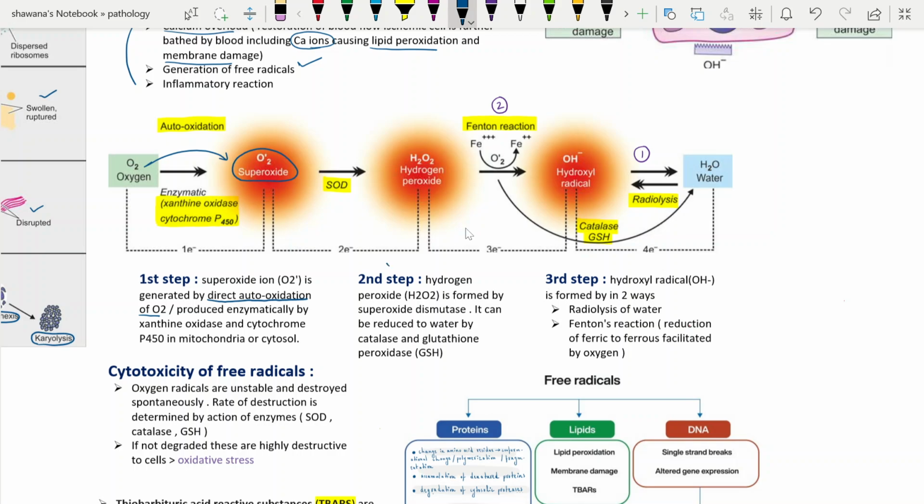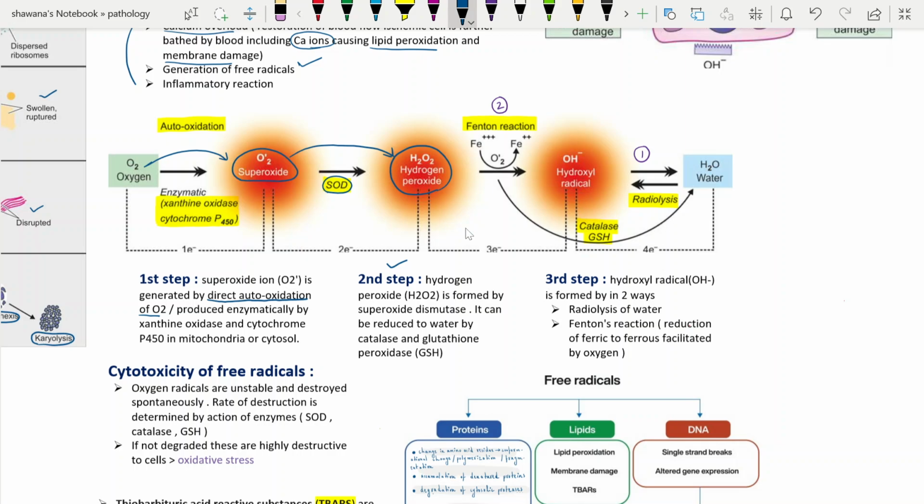The second step for the formation of free radicals is the formation of hydrogen peroxide, H2O2. H2O2 is formed from superoxide by the enzyme known as superoxide dismutase. So the first step is the formation of superoxide, either by auto-oxidation or by enzymes.